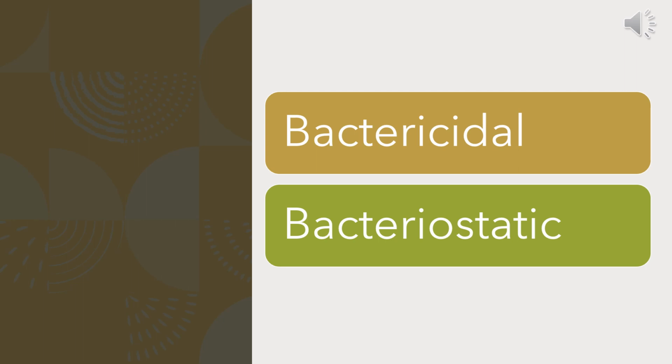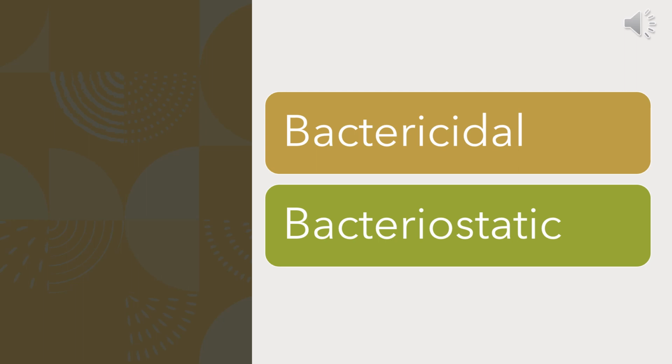Two quick things I wanted to point out are bactericidal and bacteriostatic. Bactericidal kills microbes directly. It goes after them. It's pretty direct, pretty forward, not going to beat around the bush. Bacteriostatic inhibits microbes from growing.